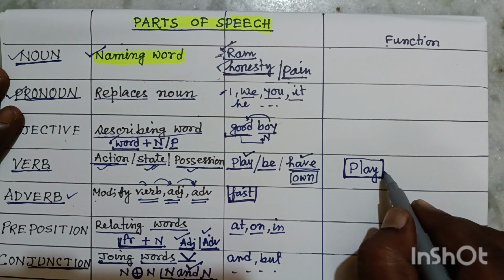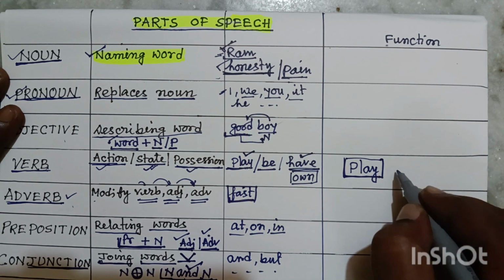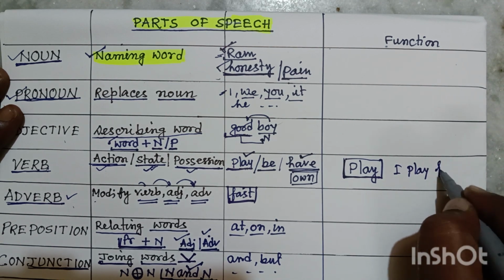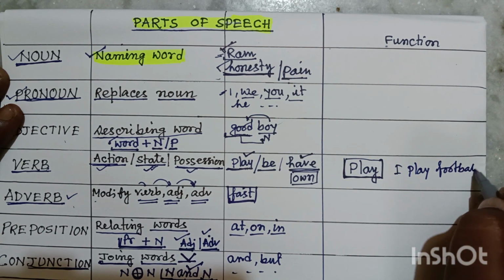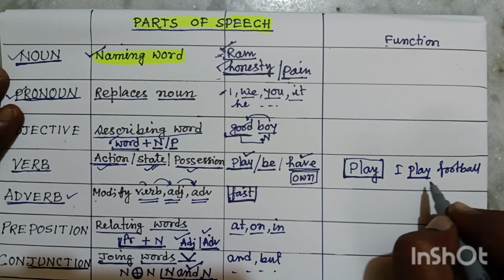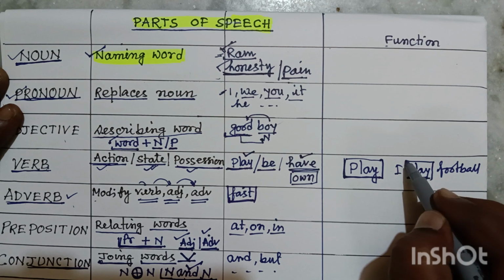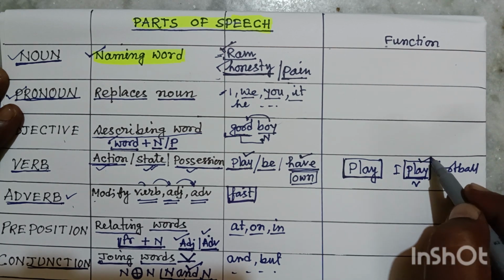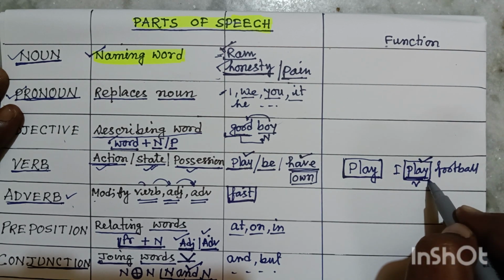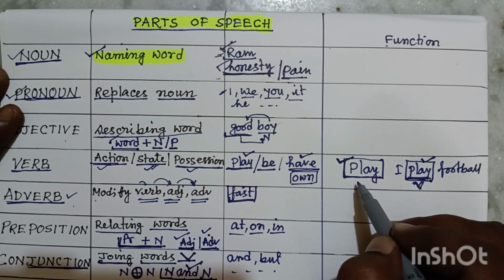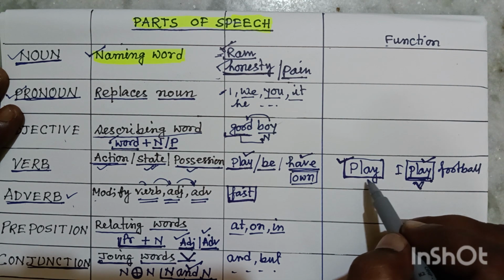The part of speech will be decided if it is used in the sentence as a verb, just like this one. If it is written, I play football, this term play will be called a verb here, because the function of this word is to show action here. This word is showing action here, that is why it will be called a verb. That means the word play is not a verb, it is just a word. We cannot call it a verb.